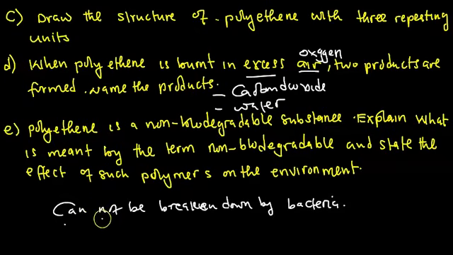Okay, now state the effect of such polymer on the environment. Now, if it cannot be broken down by bacteria, people will resort to burning them. And of course, burning them will cause pollution.